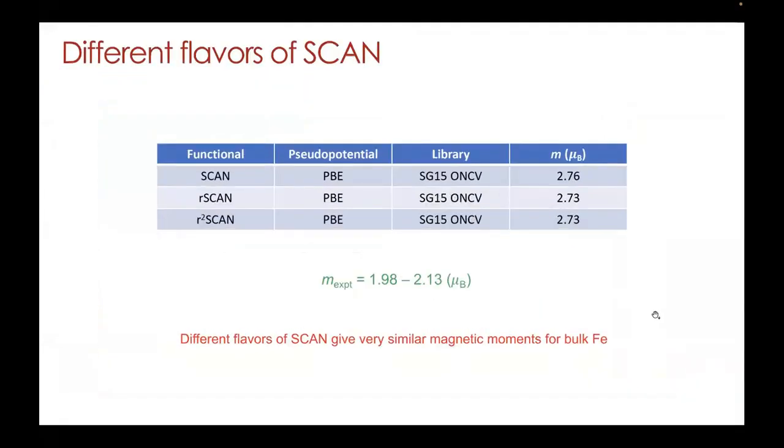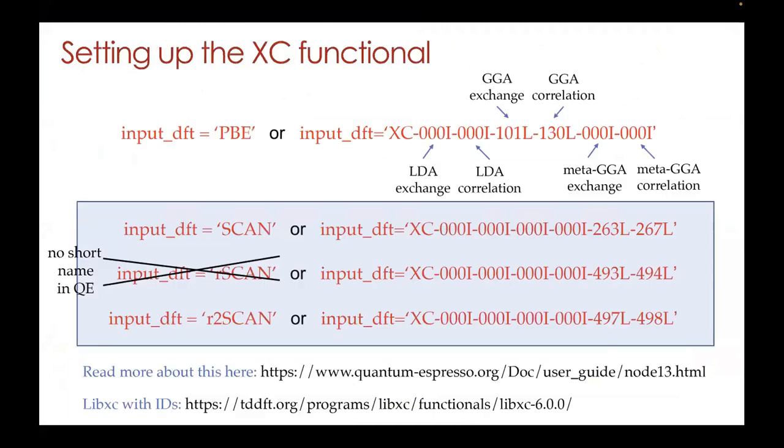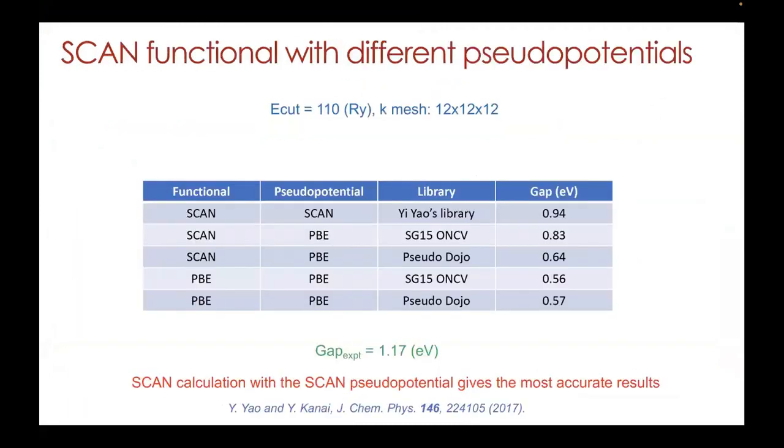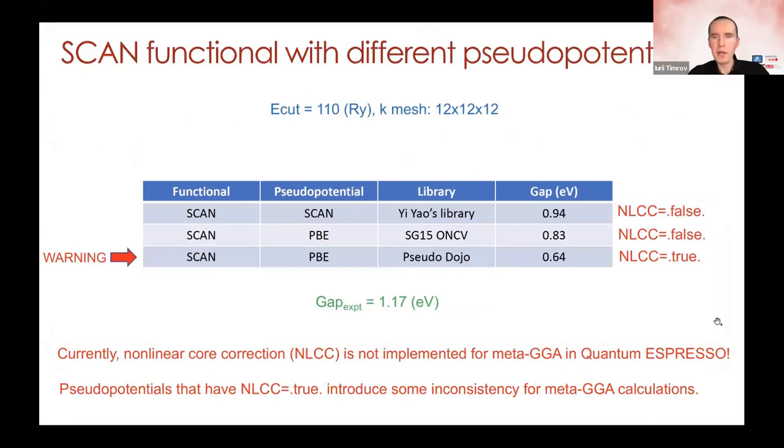That is, again, the effect of nonlinear core correction, or what is the issue with the nonlinear core correction in SCAN. I tried to be clear, but probably I was not, so let me try to repeat. The fact is that in the implementation of SCAN in Quantum ESPRESSO, there are missing terms.